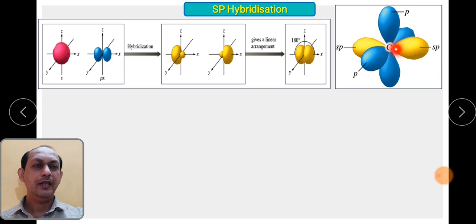You can see the two lobes oriented around the x-axis, while the py and pz orbitals remain as they are. In the three-dimensional arrangement, you can see the py and pz orbitals are perpendicular to the sp hybridized orbitals.